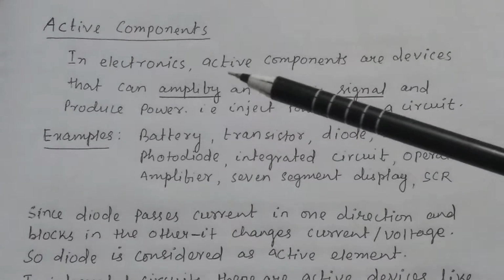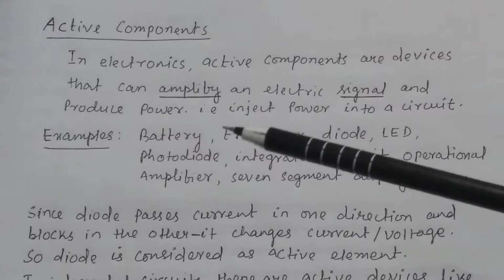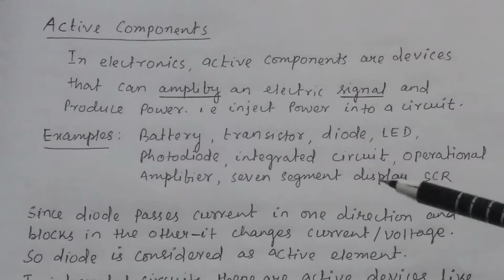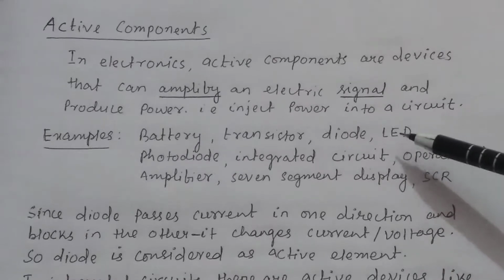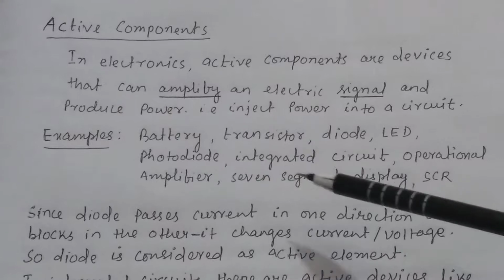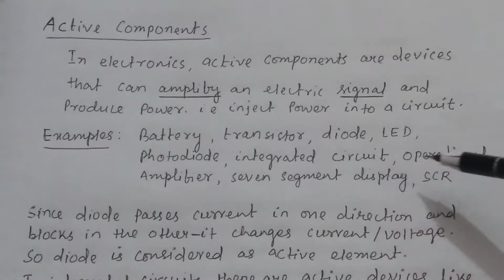So there are active components in electronics like your transistor, diode, LED, that is light emitting diode, photodiode, integrated circuits, operational amplifier, 7-segment display, SCR.